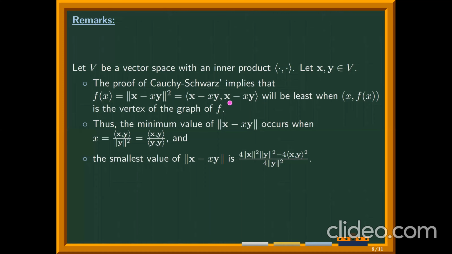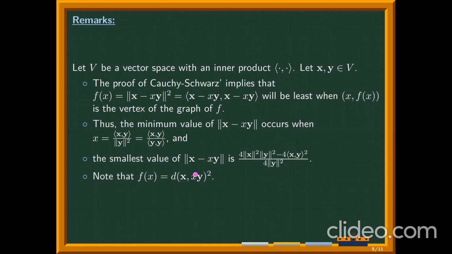Note that the function f of x is equal to the square of the distance between vector x and a scalar multiple of y by x. So in other words, f measures the distance of vector x from scalar multiples of y.